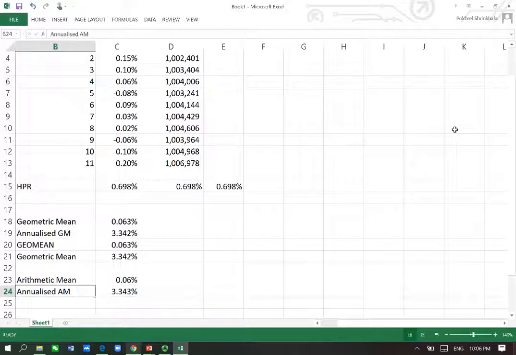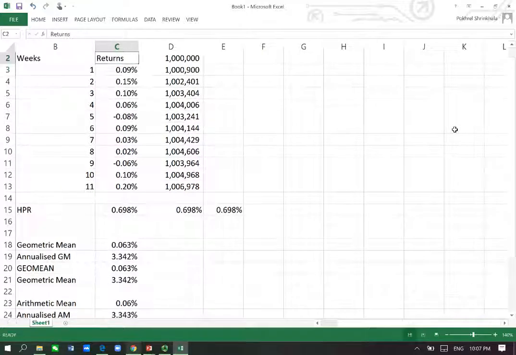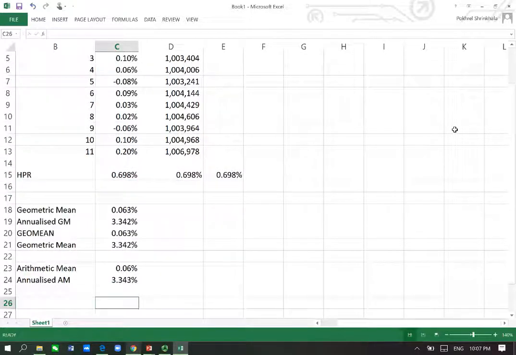Of course, the annualized arithmetic mean at 3.343 is higher than the geometric mean, which is 3.342. Given that these rates of return are similar to each other, this basically means there are no big outliers. So these returns given by geometric mean and arithmetic mean are not far away from each other.